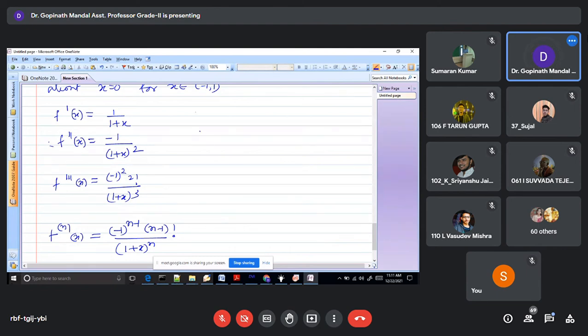So f dash 0 is 1, f double dash 0 is minus 1, f triple dash 0 is 2, and f n 0 is minus 1 to the power n minus 1 times (n minus 1) factorial.